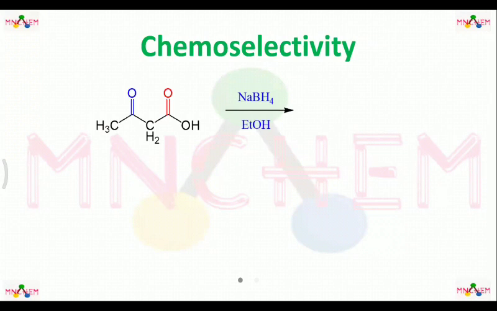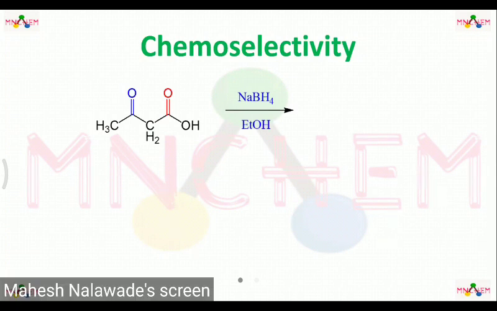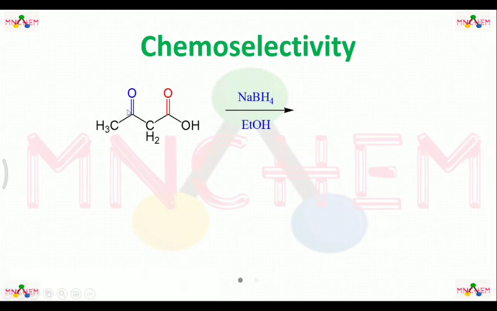The reaction is carried out at ambient reaction condition. Out of the two carbonyl groups, here in this structure you can see one is the ketone carbonyl group, which is blue colored, and another is the carboxylic acid carbonyl group, which is red in color.